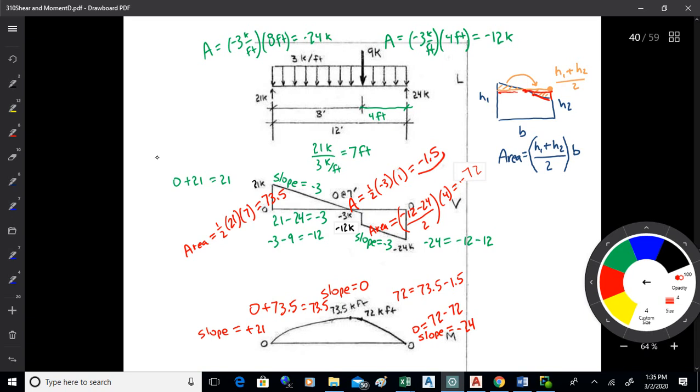So one way to get the area of that trapezoid is to take the average height, negative 12 minus 24, the height on the left and the right, over 2, times the base of 4, and that'll be an area of negative 72. All right, so that's what's going on there.